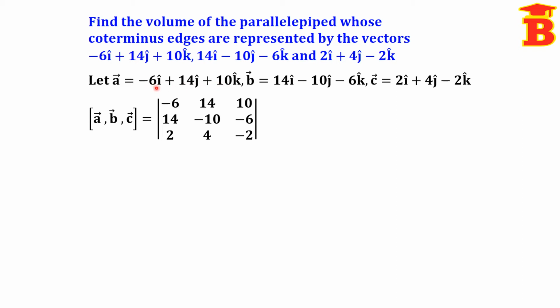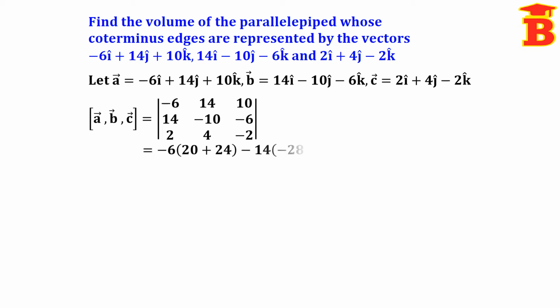that is minus 6, 14, 10. Second row B vector numbers, that is 14, minus 10, minus 6. Third row C vector numbers, that is 2, 4, minus 2. Now we have to expand the determinant.